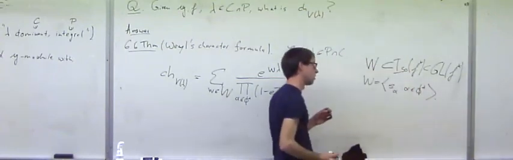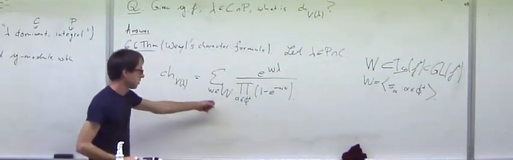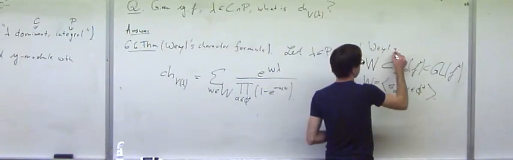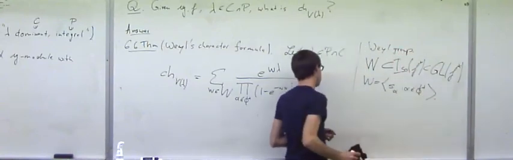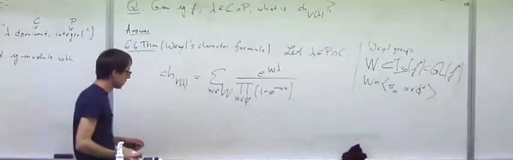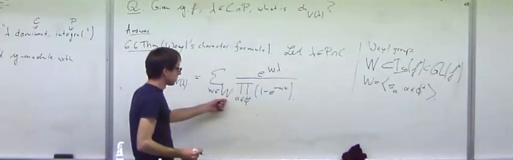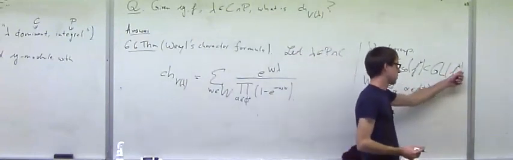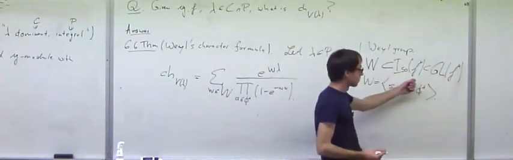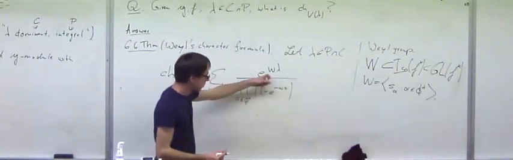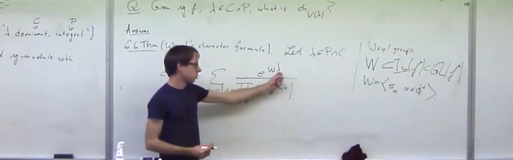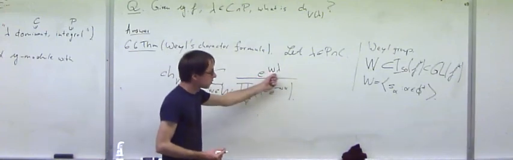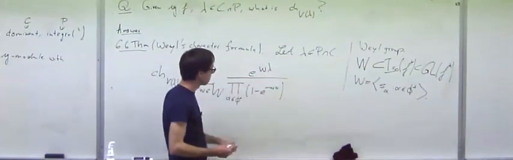So this was by definition the Weyl group. And as the Weyl group acts on H star, then w lambda just means the linear form I get if I apply this isometry of H star to lambda.